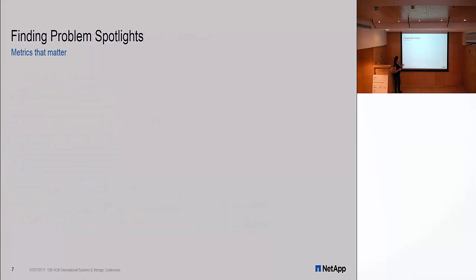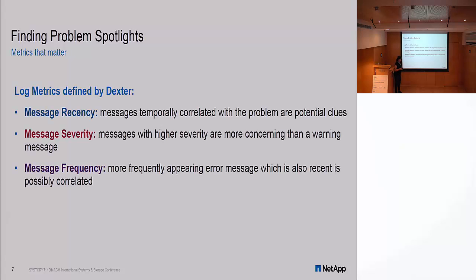So there are more details in the paper, but the way we use these metrics is in these three ways. So we look at these three metadata items. We look at what is the recency of the message, that is when did a particular message in the system log appear. We don't know, of course, which message is important. We look at all messages and then kind of rank them on the basis of their recency.